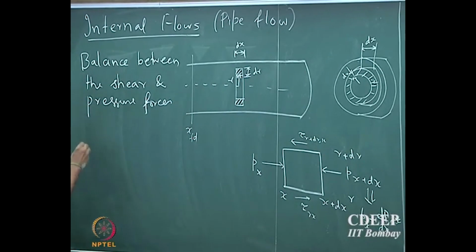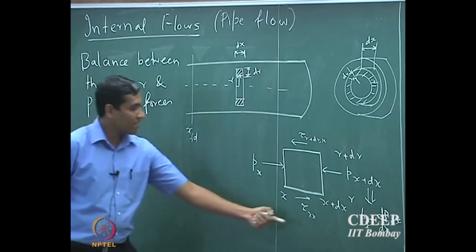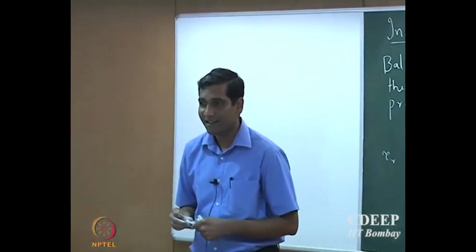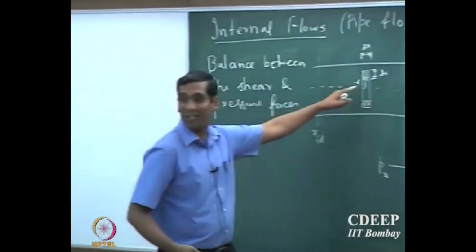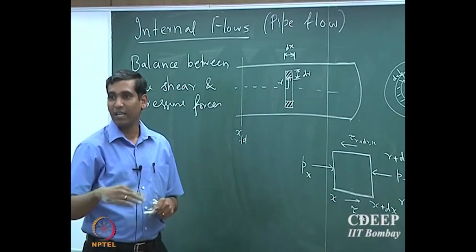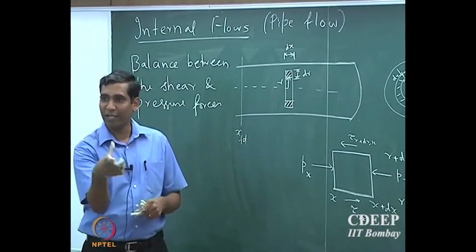So what will be the balance? Tau r is acting on what area? What's the area? Be careful, it's an annulus. So it's a circular annulus, right. So the inside area is 2 pi r into dx.